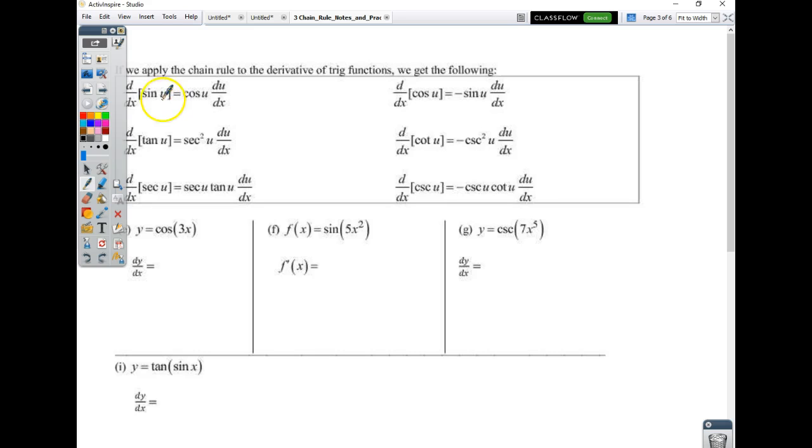They always do this weird u thing. Why? Because if I say it this way, I have incorporated the chain rule into my definition. The chain rule is so prevalent that it's actually in all of our definitions.